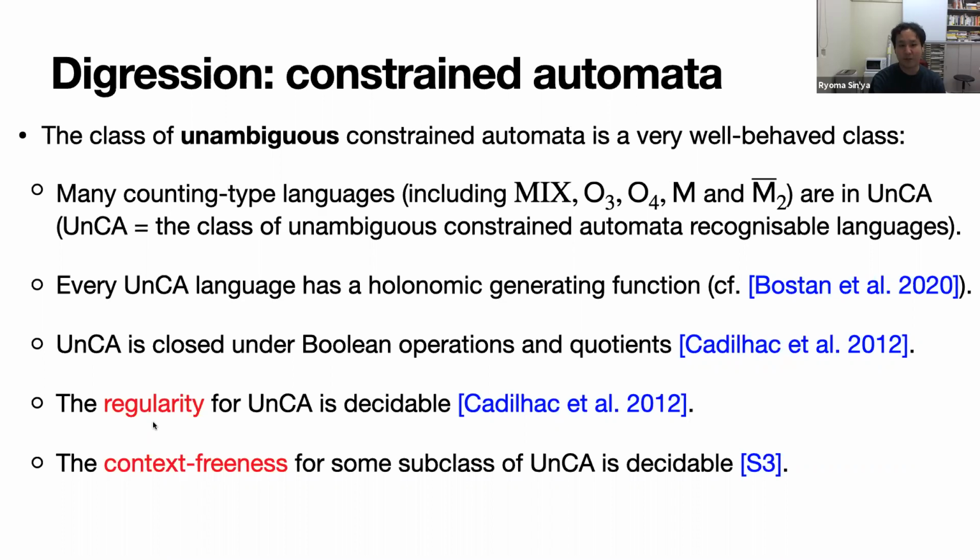It is exactly the Greibach-Hauschildt meta theorem. But for the class of ANCA, it is decidable. And still, context-freeness is decidable for some subclass of ANCA. This is my result. In this year's DLT paper, I showed this property holds for some subclass of ANCA.